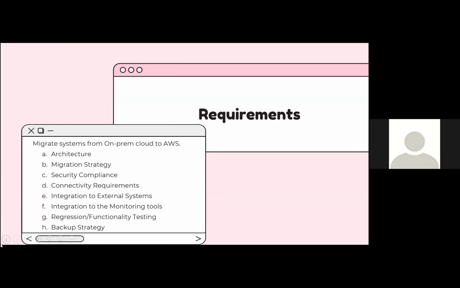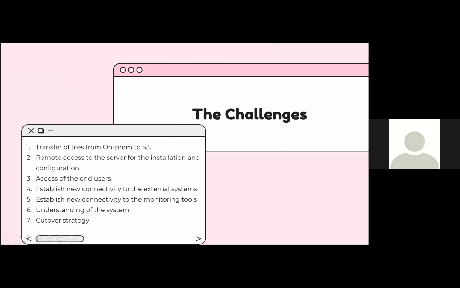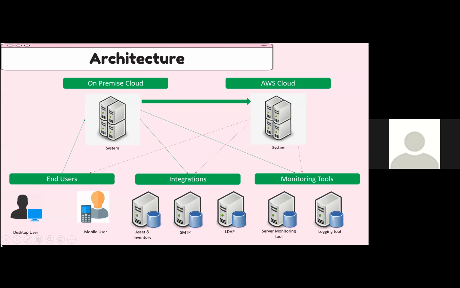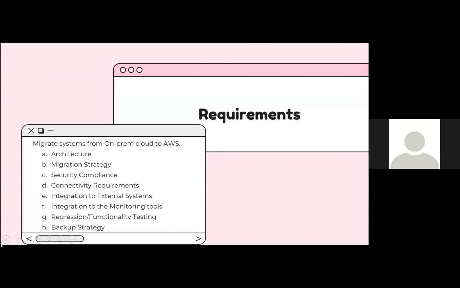Maybe you will ask me, what are the reasons why an organization or company needs to migrate their systems to cloud platforms like AWS. I can give you three reasons. The first reason, I think, is if the existing environment is already failing. For example, you have an on-prem cloud and it has been running for several years.